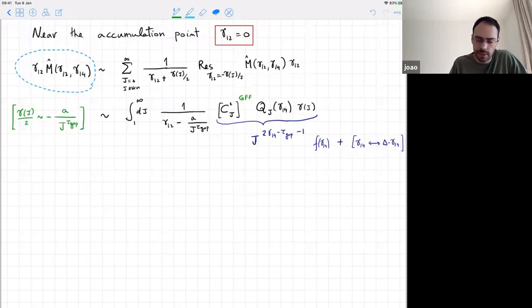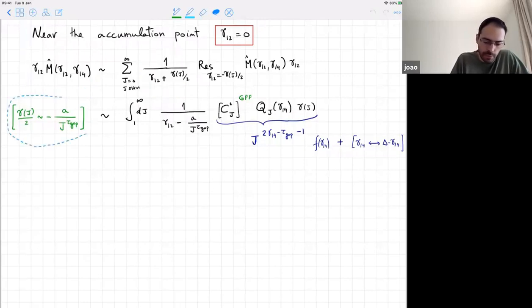This is the first Polyakov condition. So we just have poles given by the anomalous twist, which we know from large spin goes like that, and the residues of the Mellin amplitude, times gamma 1 2 because I chose to do it like that.